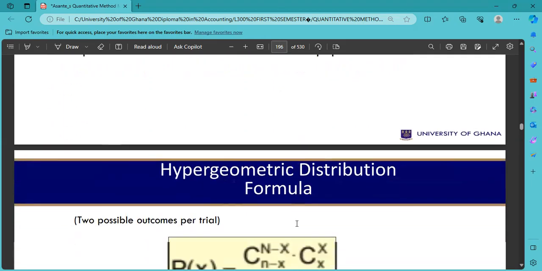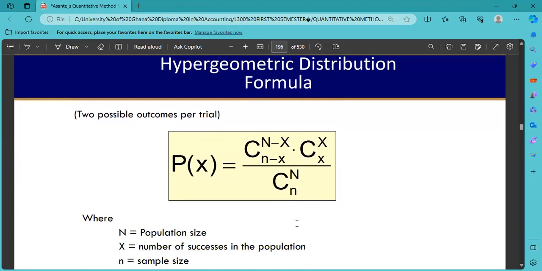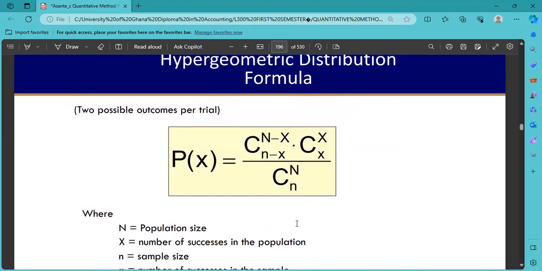So let's move on. This is the hypergeometric formula. It's easy. You just have to know the combination of the population size, N, subtracted by the number of successes in the bigger population, and this one is the sample size, n, subtracted by the successes in the sample.